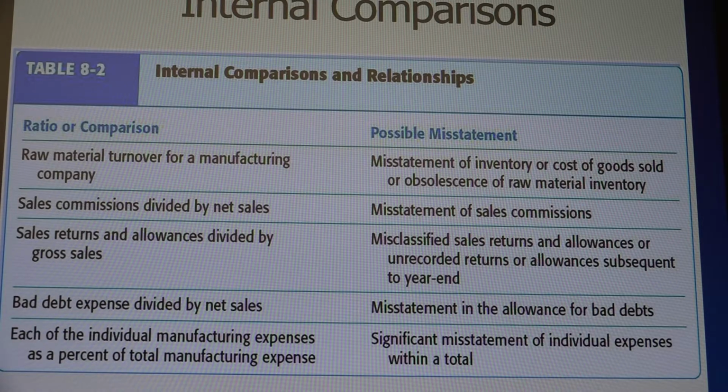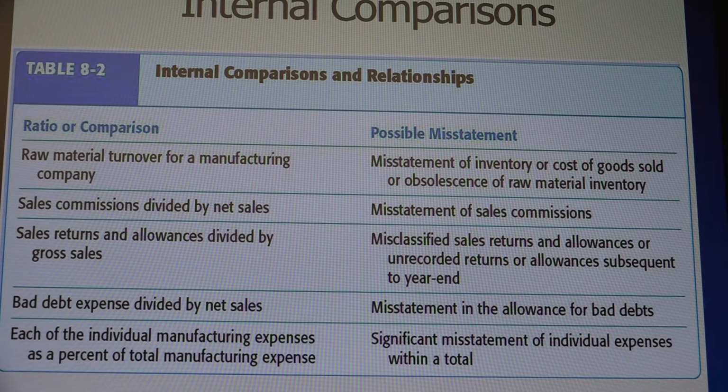So looking at the first one, raw material turnover for a manufacturing company. So that's the ratio, and you're comparing this with possible misstatements. And so the possible misstatements with raw material turnover of a manufacturing company is the misstatement of inventory or cost of goods sold, or possibly even obsolescence of raw material inventory.